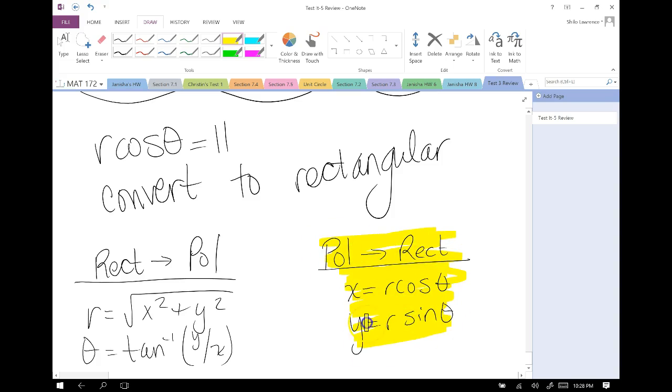If we see any of that stuff in there, we want to replace it. I see r cosine theta. R cosine theta is equal to x. So I can replace r cosine theta with x. So this is just x equals 11, which is a vertical line.